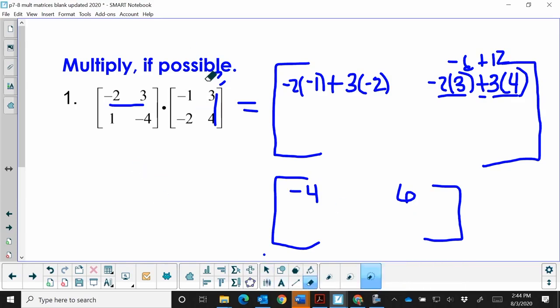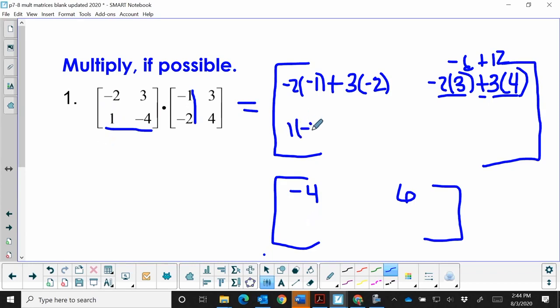Now let's go to the next row, the second row here. So we're going to the bottom row. I go back to the first column to get this position. Now notice, if I have the second row, first column, that's this position. Let's multiply that together. So 1 times -1.